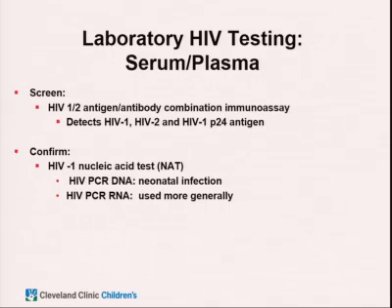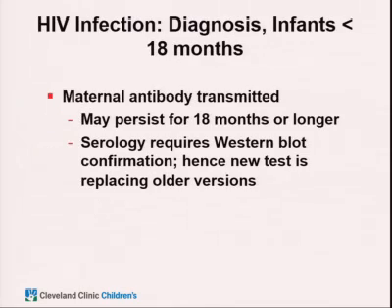So we use nucleic acid tests, either a PCR DNA or an RNA, to confirm the diagnosis of HIV in young infants. So again, maternal antibody can persist for 18 months. So we cannot use antibody tests in the first 18 months of life.